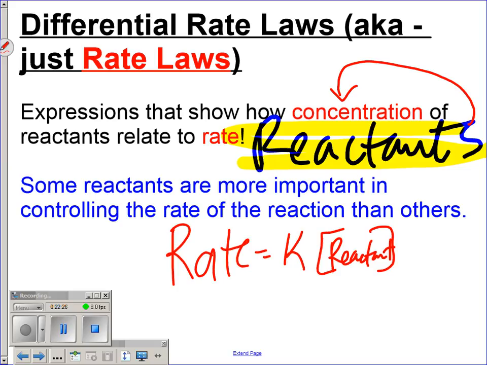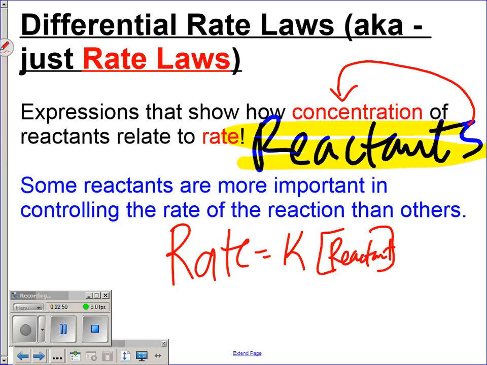Okay, and in this case, we're specifying that some reactants have much more influence over the rate of reaction, whereas other reactants don't. But you can't just assume that. You can't just know that. You have to have data to prove that one reactant might be controlling the rate more than the other reactant. And that's because, and this is what Alan was getting to earlier, we don't even know how many steps some of these reactions take, right?